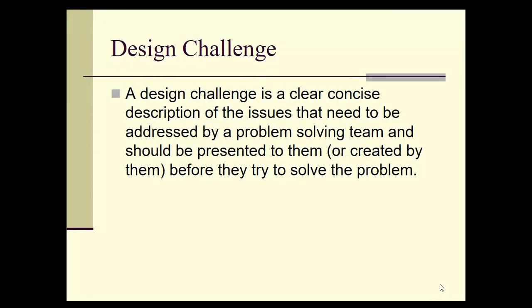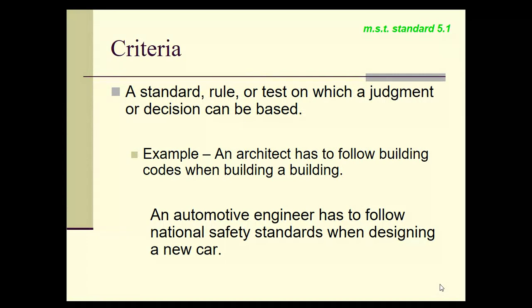Once we have our design challenge created, then we start to go through the criteria. The criteria are our rules or tests on which a decision can be based. Criteria a lot of times are stated ahead of time. Sometimes they're stated by local authorities.